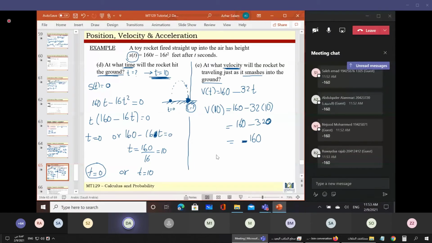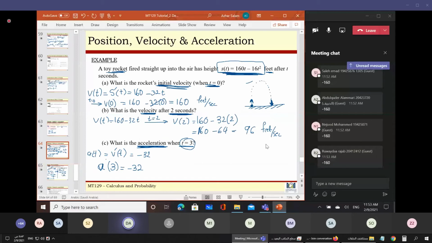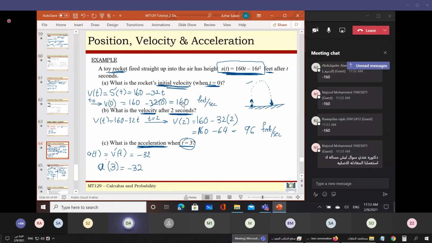It's going down. Okay, so the velocity at the crash time or smash time, which is t equals 10, is minus 160. It's actually equal to the first velocity at t equals 0, which is 160.